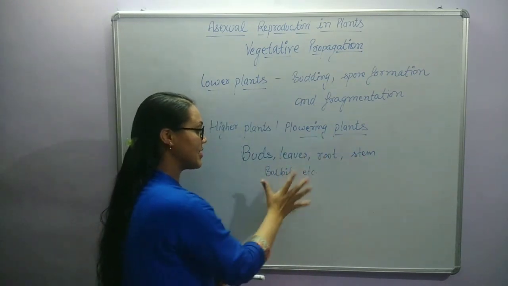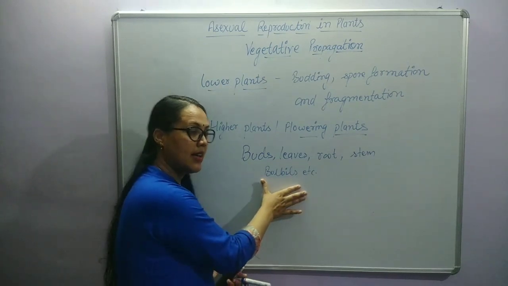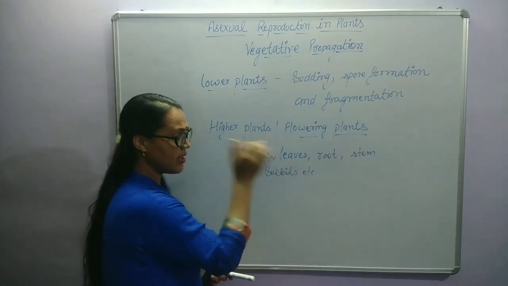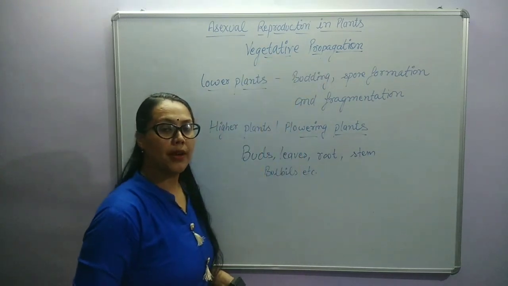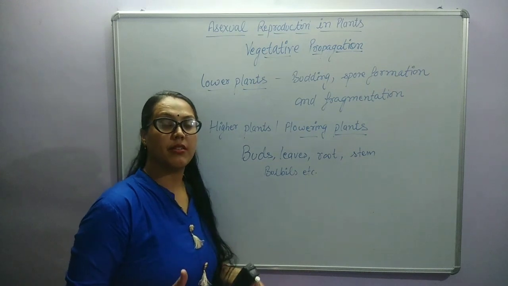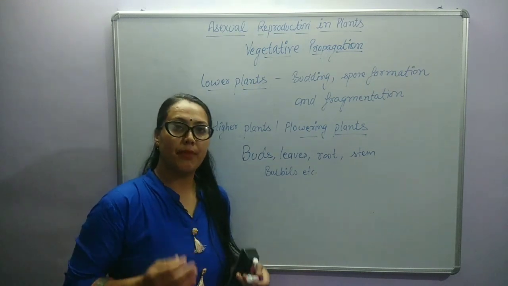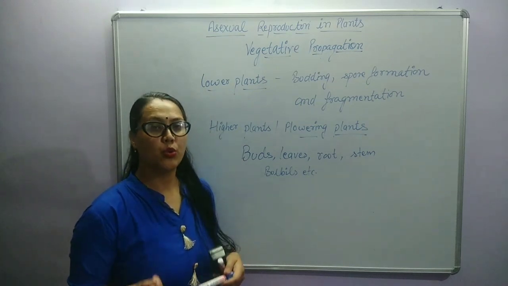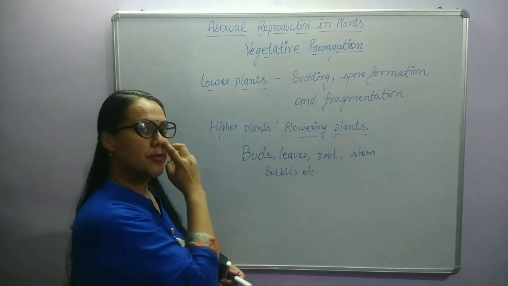These that you are seeing are all the vegetative parts of the plant. That's why the asexual reproduction here is called vegetative propagation, meaning propagation of a plant by means of its vegetative parts like leaf, root, stem, bud, etc. So, what is vegetative propagation?